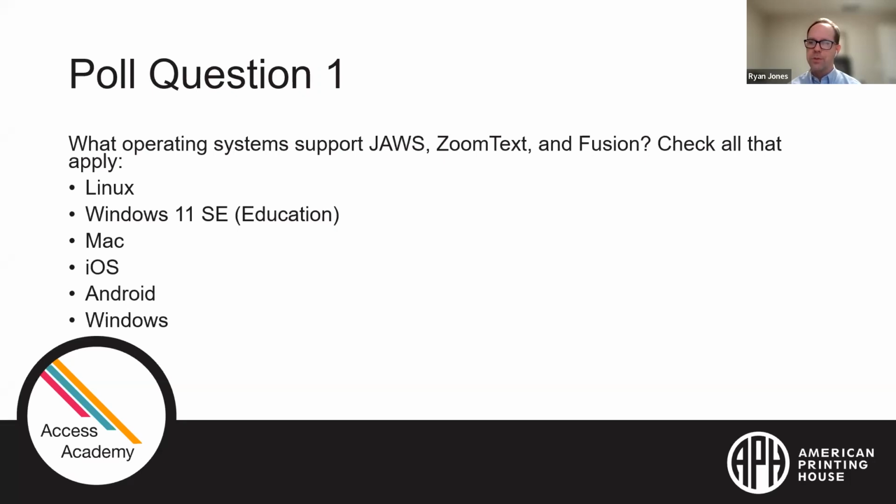And so JAWS, ZoomText, and Fusion are certified for Windows 11 SE by Microsoft. They are available to deploy. So we wanted to just highlight that if you start to hear about this in schools or school systems, our software will work there as well. Again, Windows is the platform that JAWS, ZoomText, and Fusion will work with.